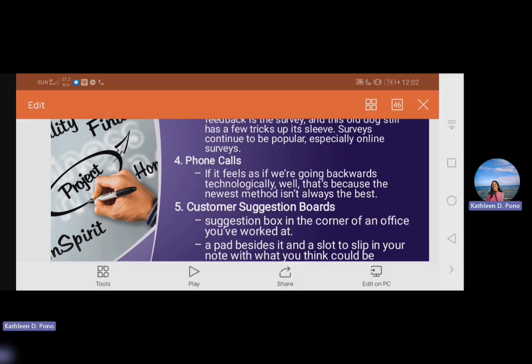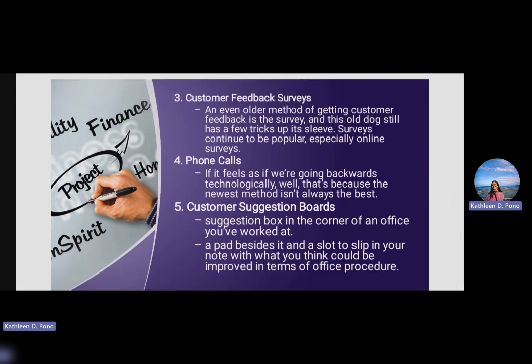This one is a physical or digital platform where customers can submit suggestions or feedback about a business's products or services. They can be used to gather ideas for product or service improvement and can also help businesses determine their commitment to customer satisfaction.